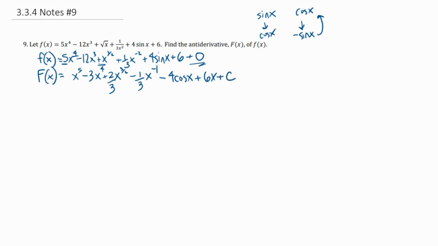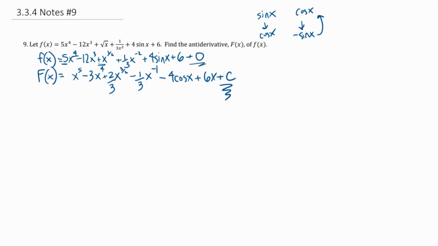Not any constant times an x, not any constant times x to the whatever power, not c to a power. It's just a constant. As long as it's a number, just a plain old number, whether that is a decimal or an integer or a fraction, doesn't matter. If you take the derivative of it, you get plus 0. So an antiderivative is always going to include a plus c at the end, because the derivative of that plus c is 0.